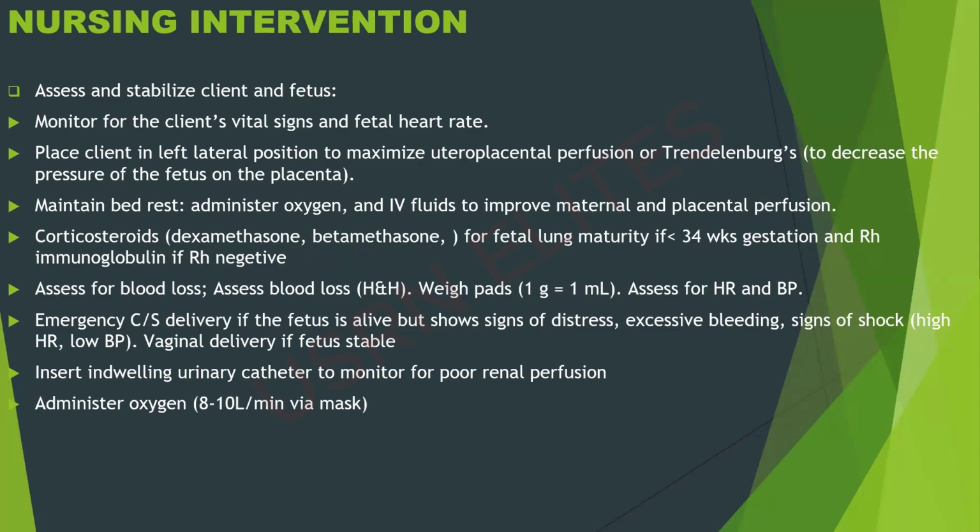But this one, we are not having dilation. So it could be that the amniotic fluid is what is there, the membrane has not ruptured, and the cervix is intact, no dilation. So over here, there's no way you can do a vaginal delivery.